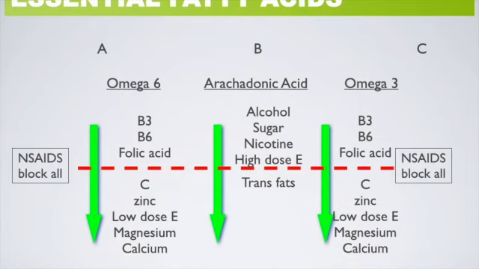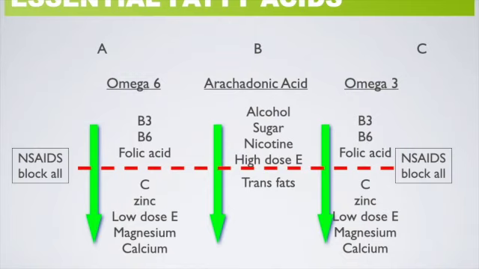Now, the use of NSAIDs, once again, this is review. I know the use of NSAIDs, COX-2 inhibitors, they will interfere with all three of these pathways. So not only do they decrease the pro-inflammatory pathways, which is why they work so well, they also will inhibit your anti-inflammatory pathways.